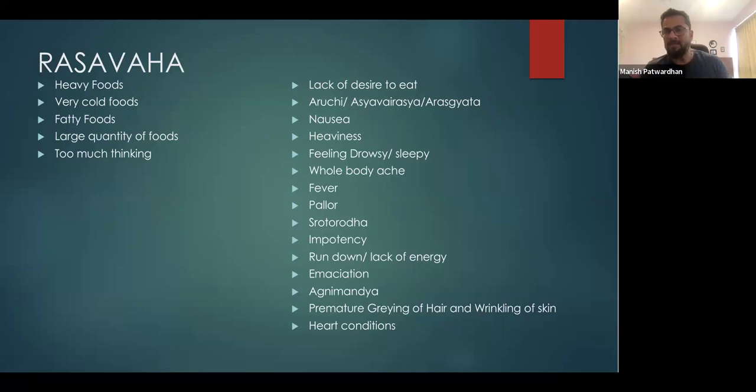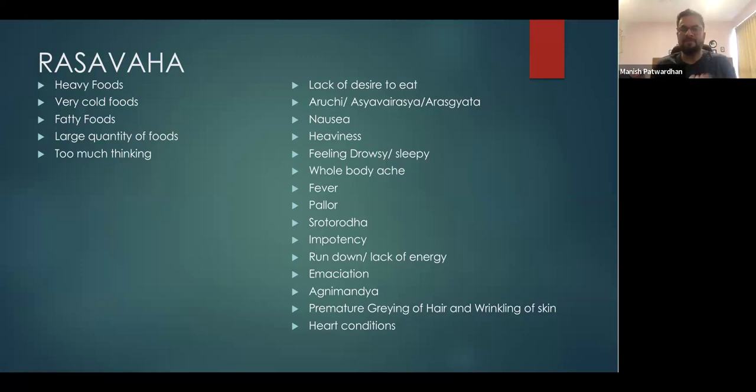And that is a very unique thing about Rasava Srotas, which is found very profoundly nowadays. And today, when mental health is becoming such a massive thing, the importance of Rasava Srotas in mental health is actually more than the importance of Manovaha Srotas in mental health. And the reason being because Rasava Srotas is very easy to get affected.